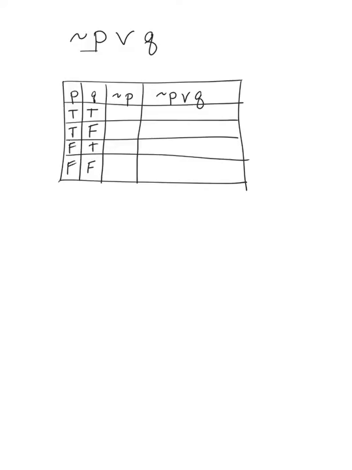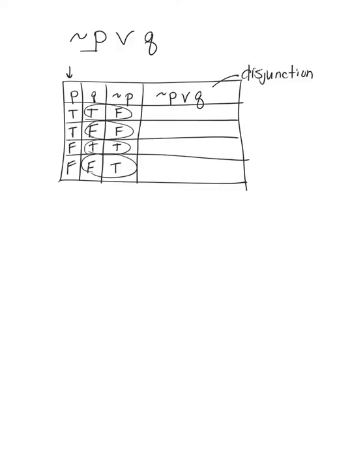So this is how I'm going to do my truth table. For not P, I'm going to look at the P column and take the opposite of that column. So I'm going to have false, false, true, true. Now I'm supposed to disjunct not P and Q. So I'm going to be looking at these combinations and remembering what we said about a disjunction.